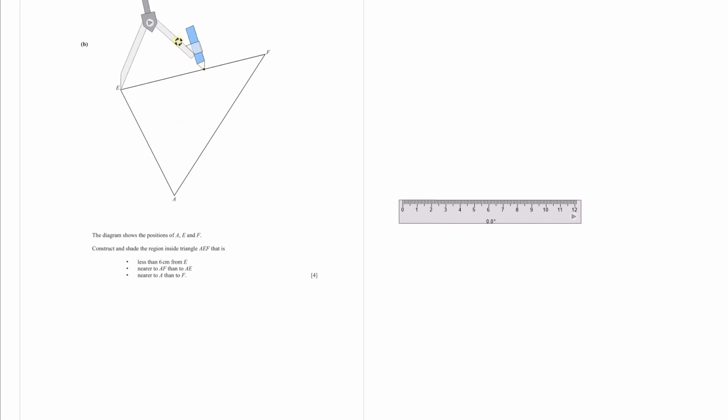So that means I will start from this point here and then go all the way up till this line here. So I'll remain in this triangle. So this is the locus of points that are 6 centimeter away from E. So anything towards the left side of this arc is less than 6 centimeters away from E.